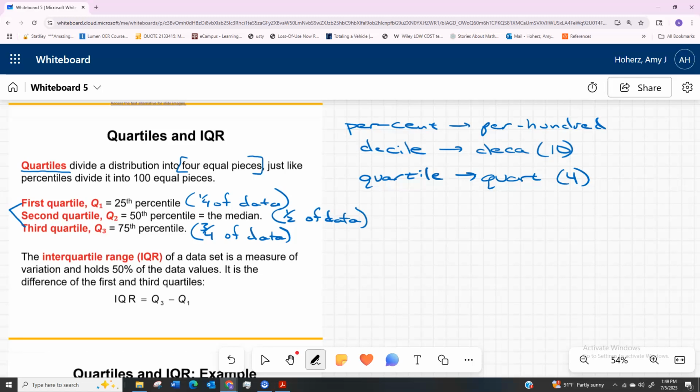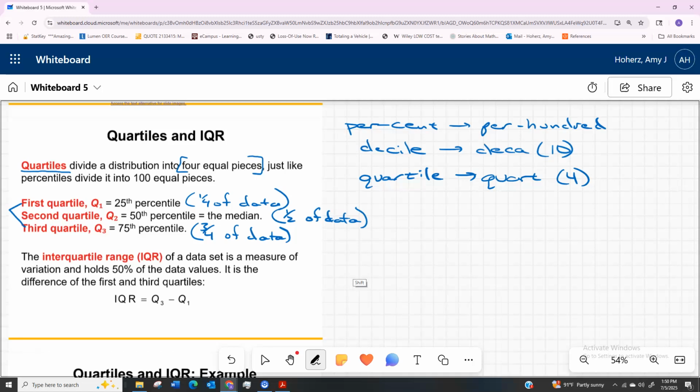Something I always like to relate this to, and I'll say it again when we get to the graph, is a sports event that has 4 quarters, like a football game or a basketball game. Each quarter is 25% of the game, time-wise.